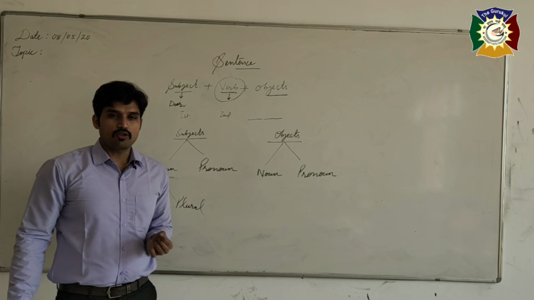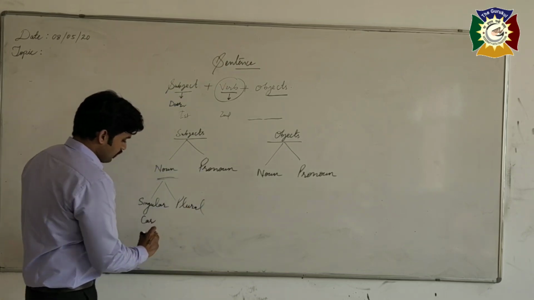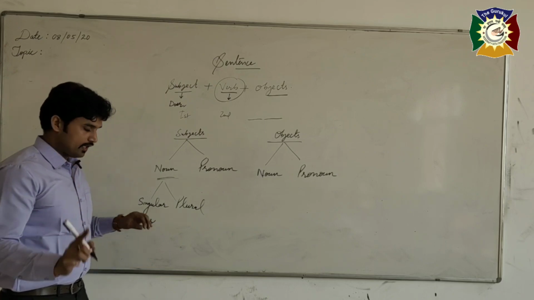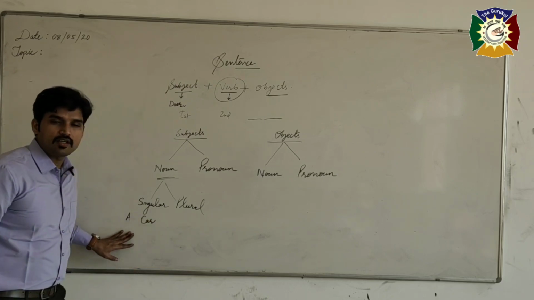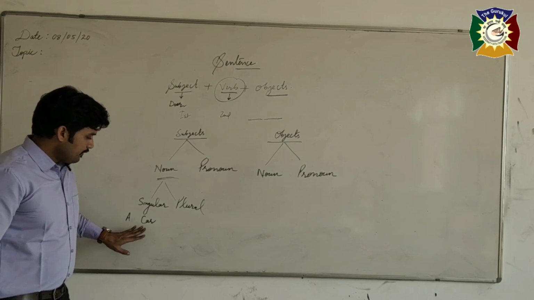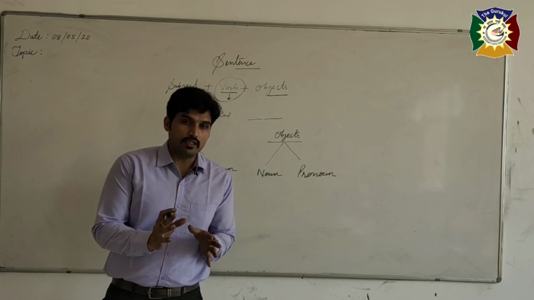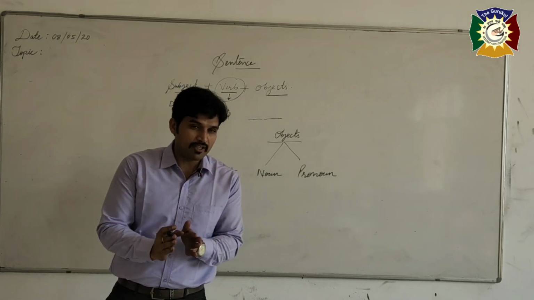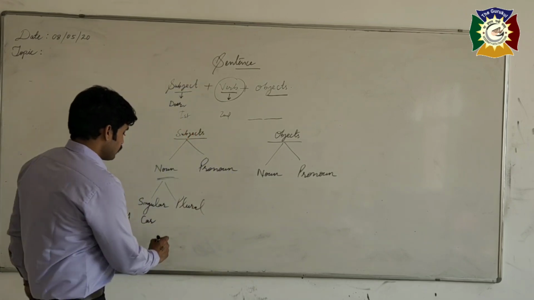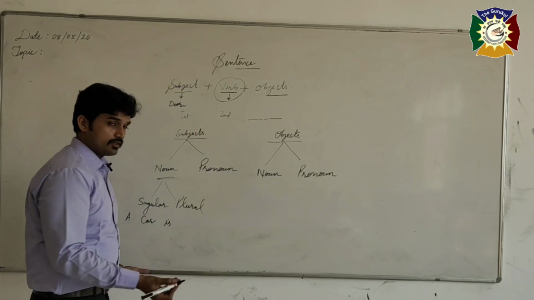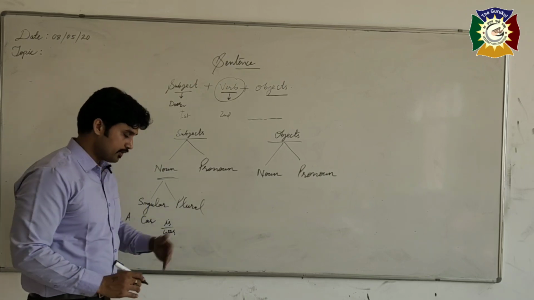Suppose I talk about one car. A singular noun is without s, so automatically we are using this article. Now if I make any sentence using a car, you will see the verbs or helping verbs will be singular. So I will use either this or that if it is past.